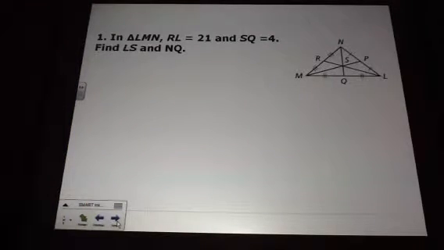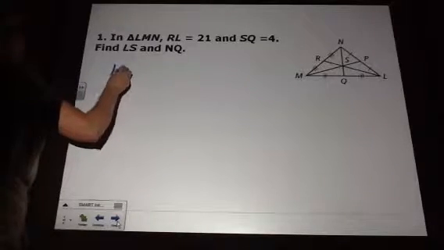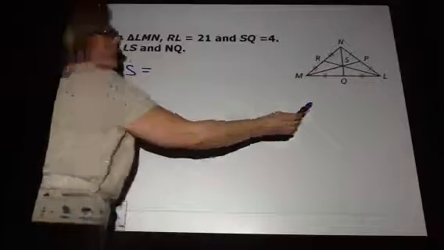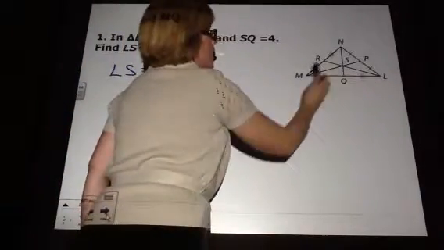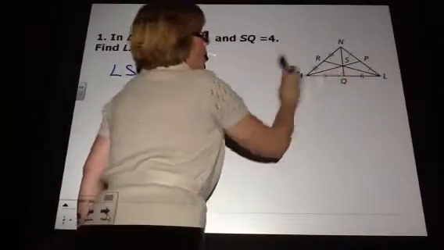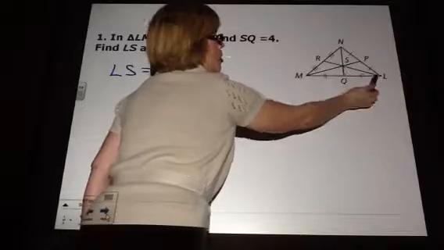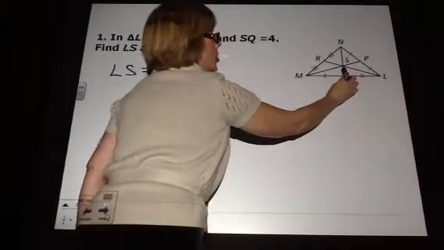So let's apply this. We've got triangle LMN, and RL is 21. And SQ is 4. Find LS and NQ. So let's look at LS. LS is on the median, LR. LS is from the vertex to the centroid.